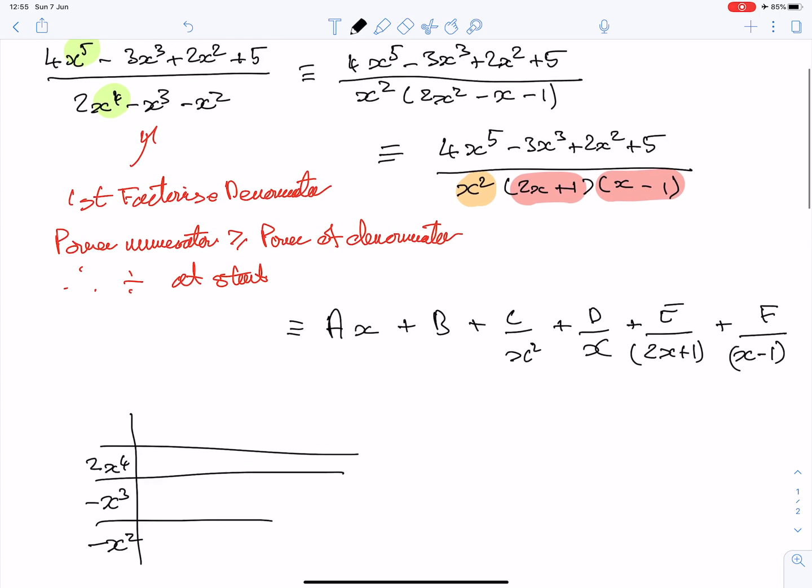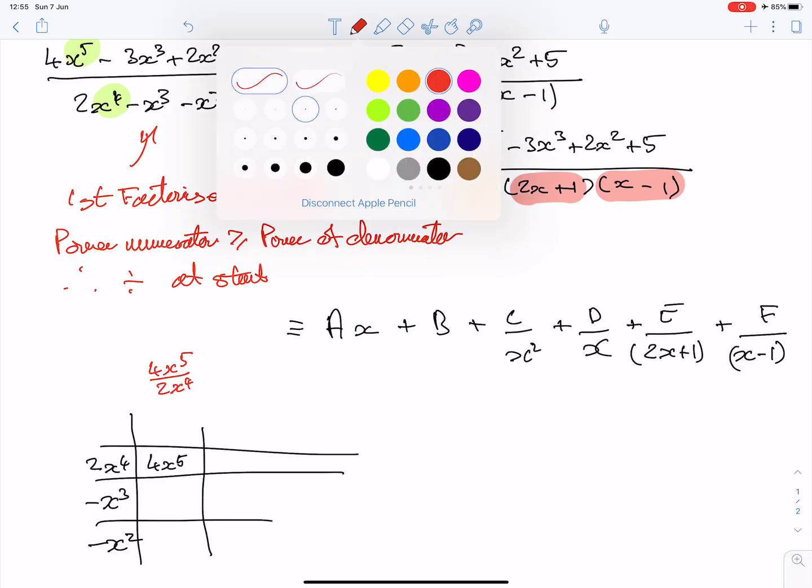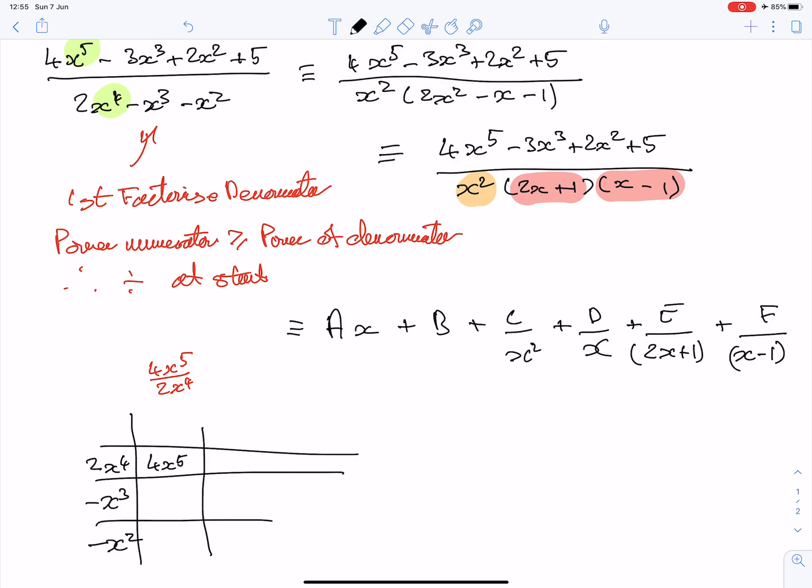So we've got 4x to the 5 can go in from our numerator, and then we're thinking about 4x to the 5 divided by the 2x to the 4, so that's going to give us 2x. We can now multiply through, so we get minus 2x cubed, to the 4, and minus 2x cubed.